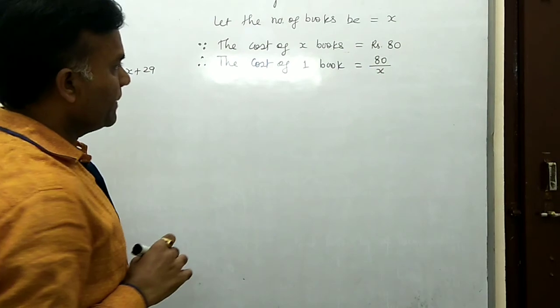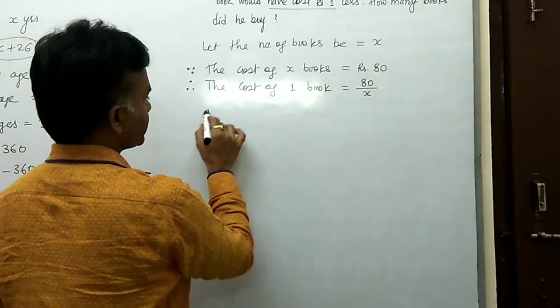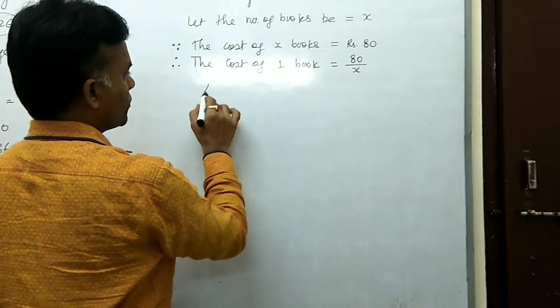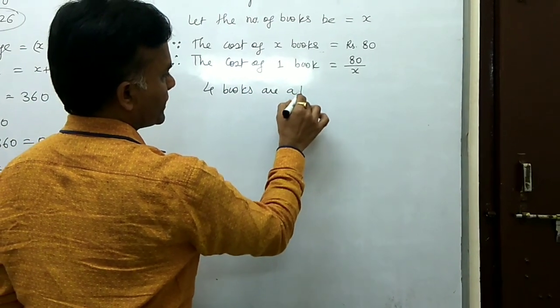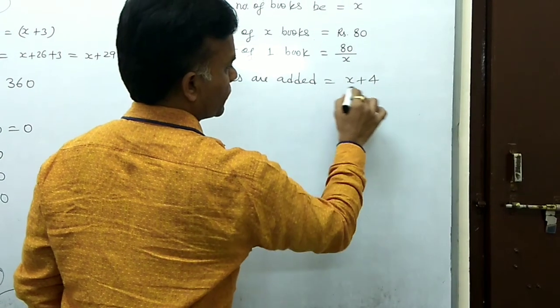Similarly, 4 books are added, so x plus 4.